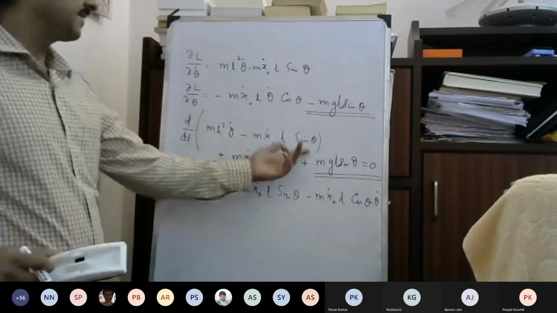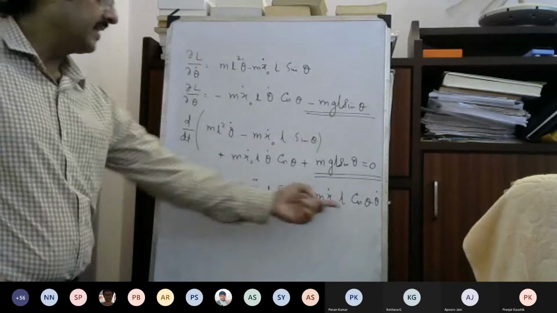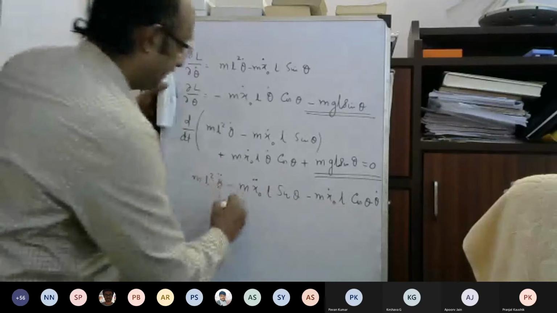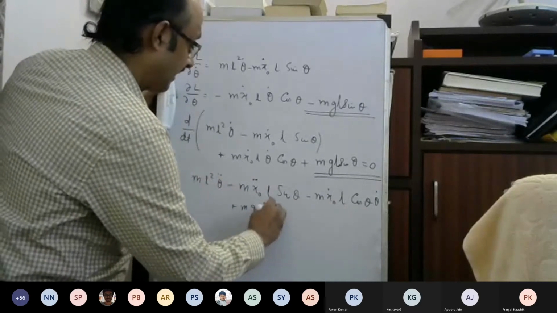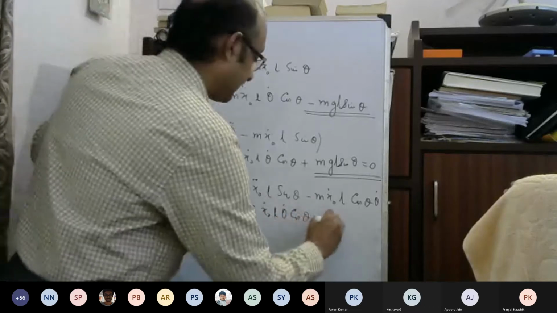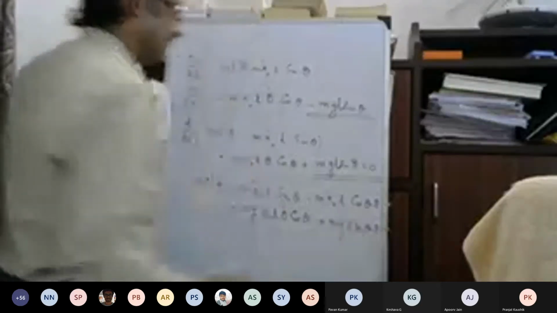I have to take the derivative with respect to time, so derivative of sine theta is cosine theta, times theta dot. Chain rule is applied in this particular situation, plus m x naught dot L theta dot cosine theta, and this plus m g L sine theta. This is equal to 0.